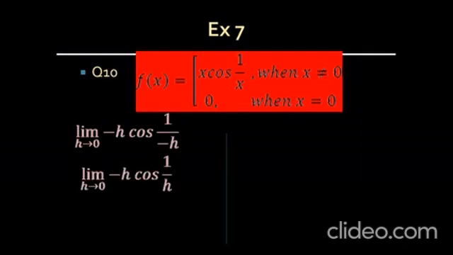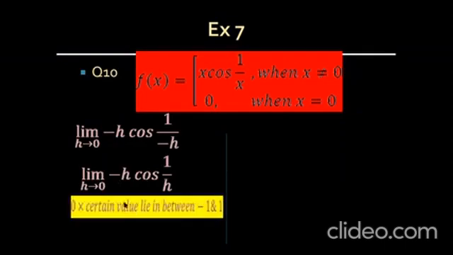So if we apply here, cos minus theta becomes cos theta. So we can write limit h tends to 0 of minus h cos 1 upon h. After writing it, we can say minus h multiplied with this cos 1 upon h.